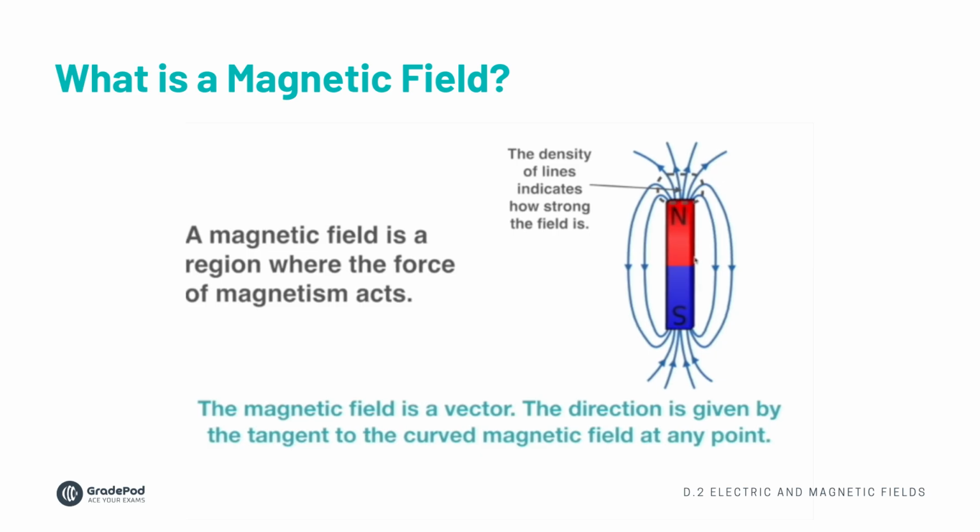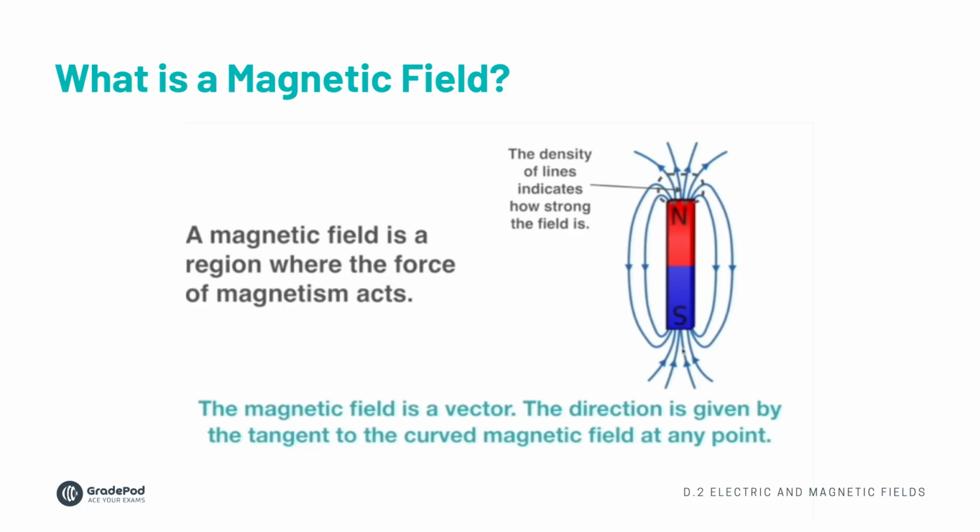If we look at this bar magnet here, we can see that there's a north side of the bar magnet and a south side of the bar magnet. And there are invisible field lines that loop around from the north pointing towards the south.